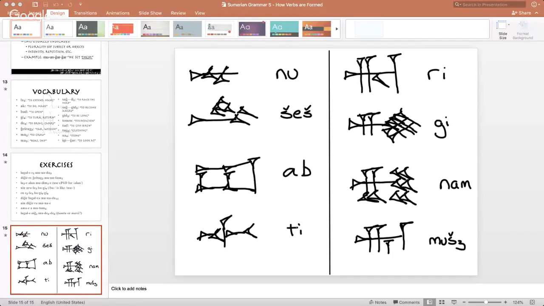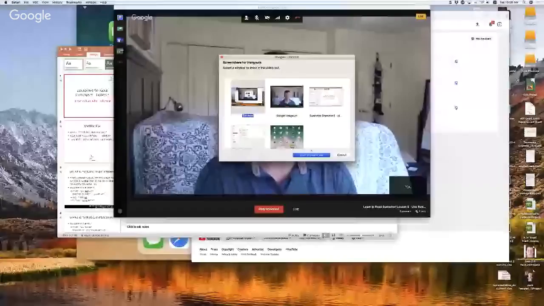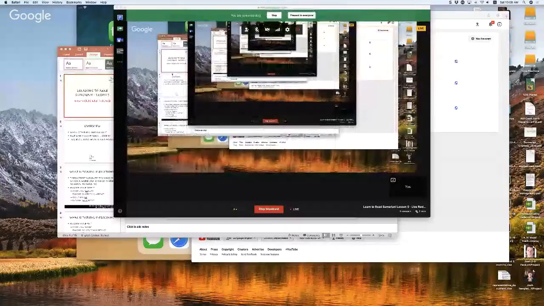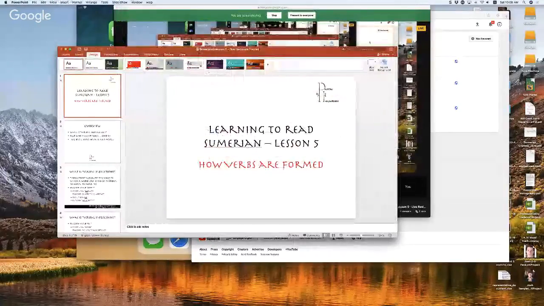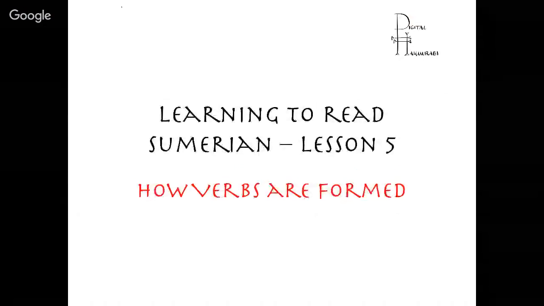Let's see if that works. For some reason, I remember there being a problem with this last time. Yes, see, there's the problem. Okay, I did it the wrong way. Let's do a different screen share. Just screen share the whole desktop. How's that? Yep. Okay. There we go. Beautiful. Okay. Sorry about that.